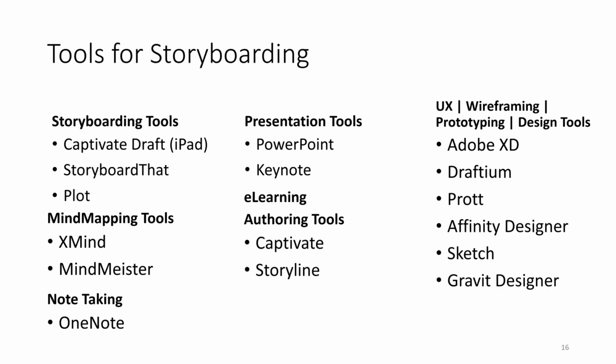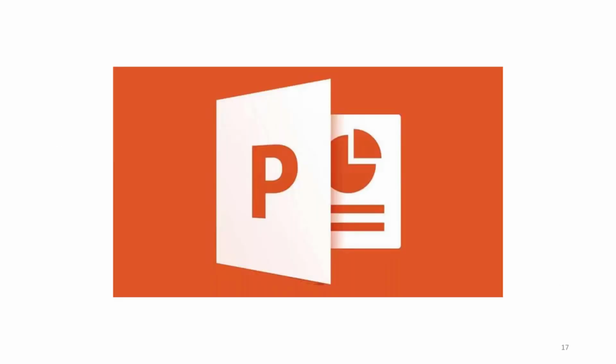And something that I've actually experimented with is using UX or wireframing tools like Adobe XD. You can even use some prototyping and design tools. I've kind of lumped them all into one category, but definitely some great things. But I think that by the end of today, you're going to be a believer in the power of just going straight to PowerPoint 365 and getting into the storyboarding process.